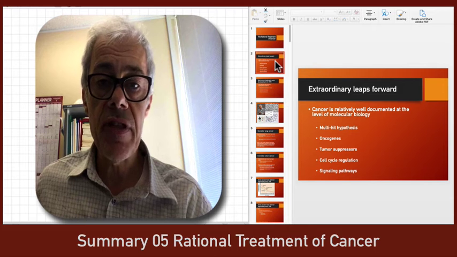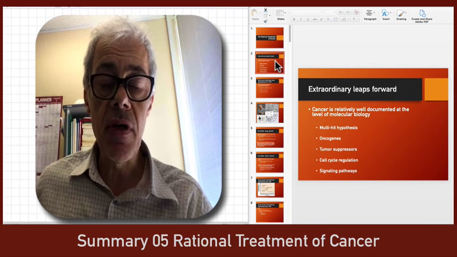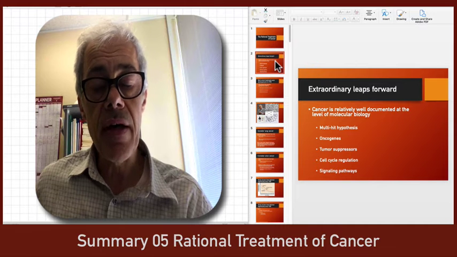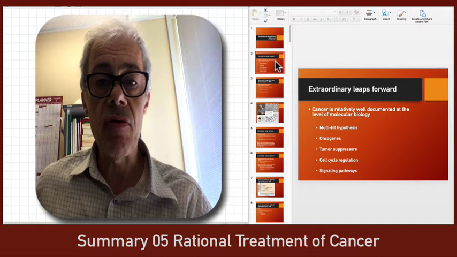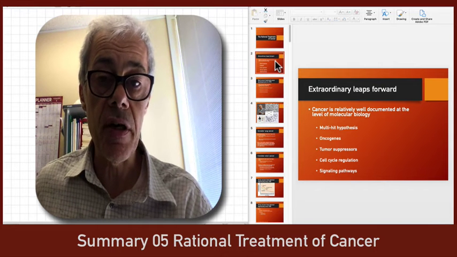Okay, so the idea is now, can this information be used, as a flow-on effect, to think about a rational treatment of cancer, so rational drug design.